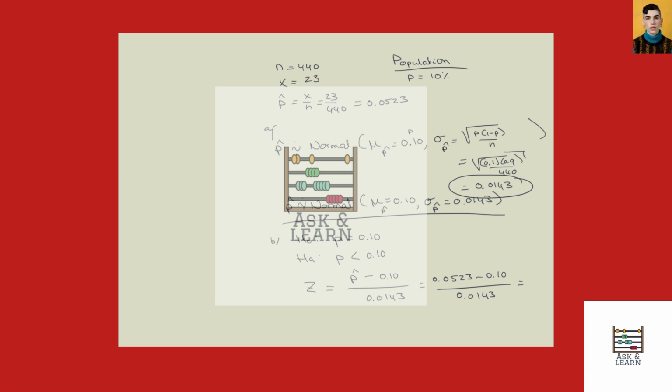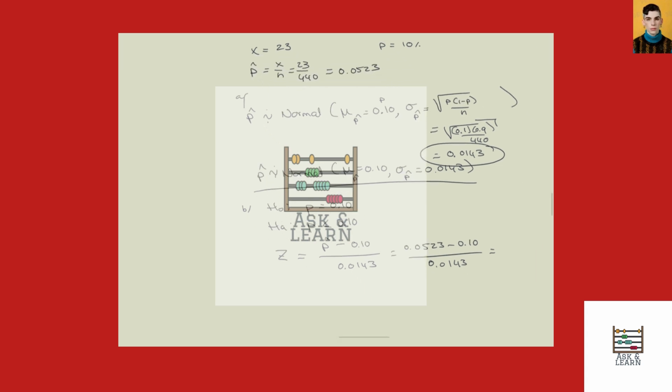and that is equal to negative 3.34. And that means that my p-value for this left tail test is going to be the probability that the standard normal is less than or equal to what I observed.